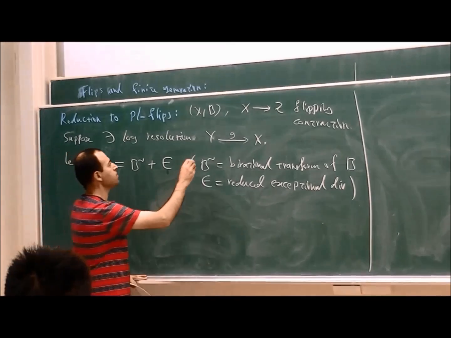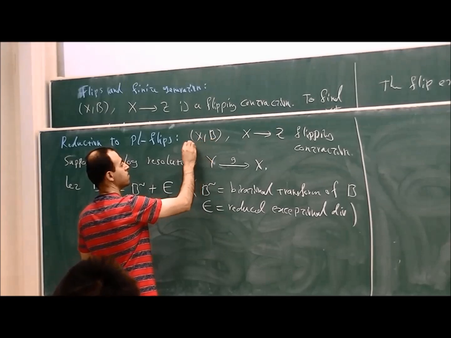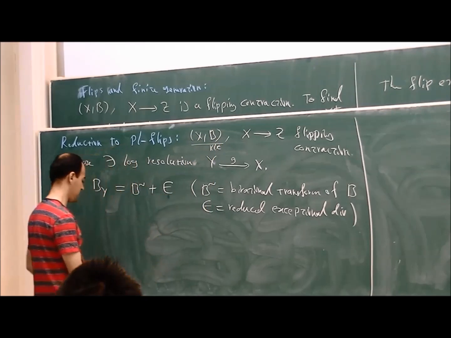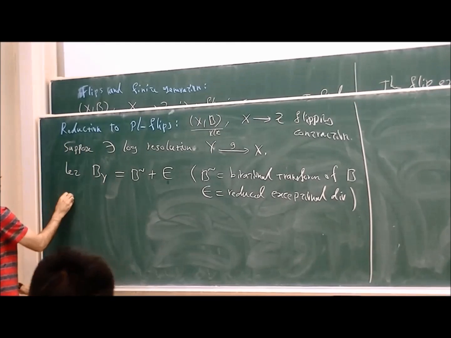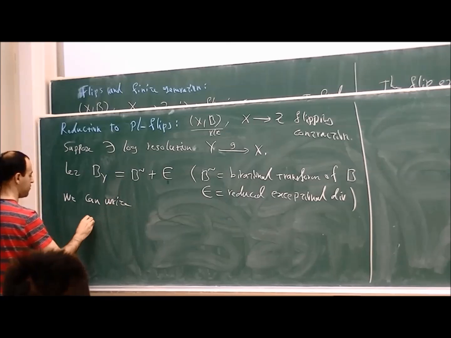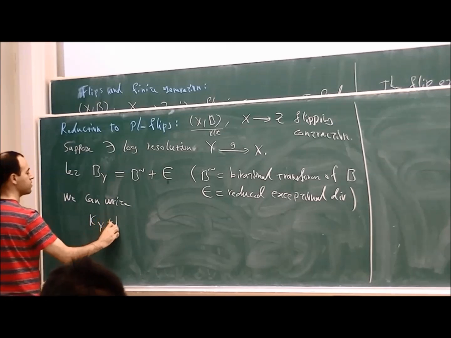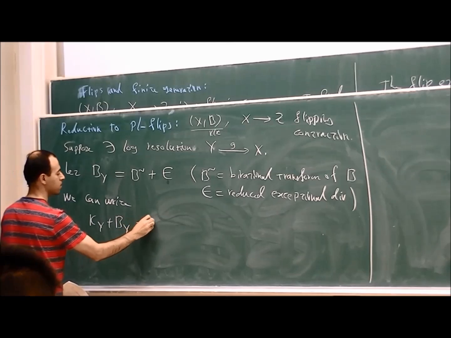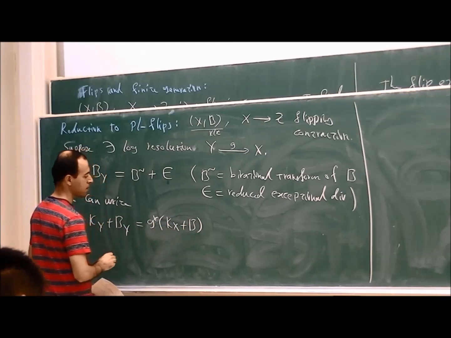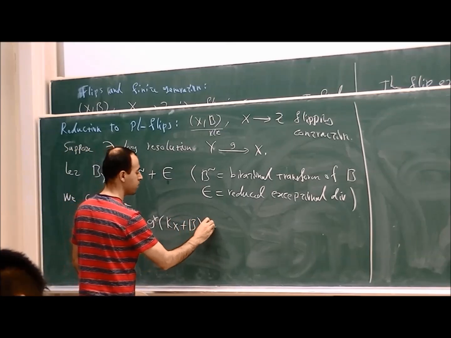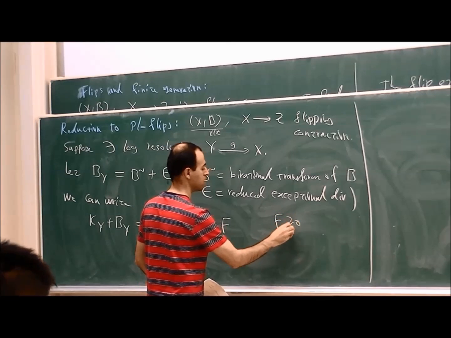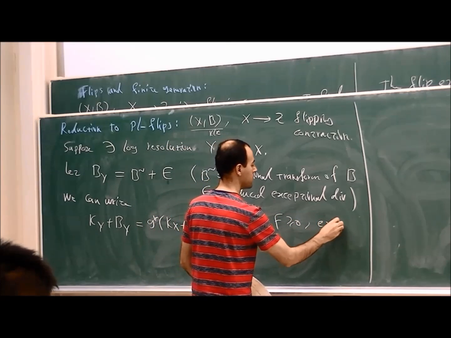Now assume that this pair is KLT, a so-called KLT singularity. Then we can write a formula of this form: K_Y plus B_Y is the pullback of K_X plus B, but to make it right, you have to add some exceptional divisor F. This F is effective, and it is also exceptional.